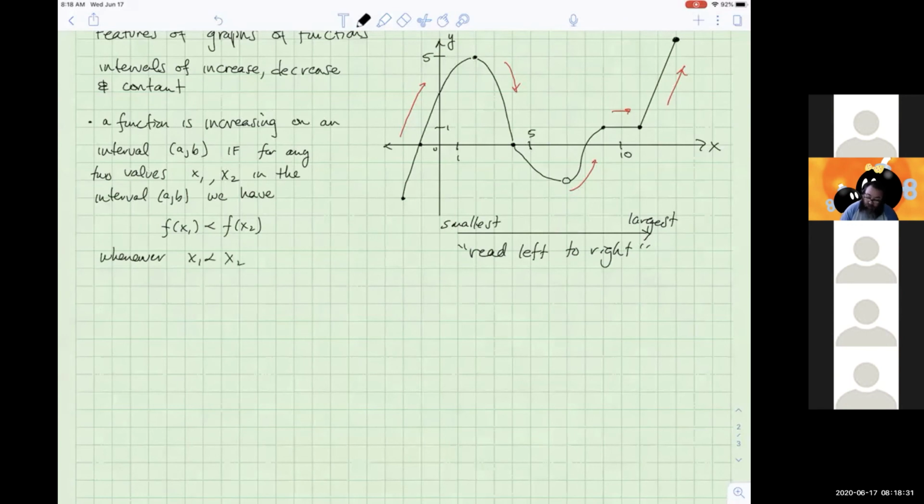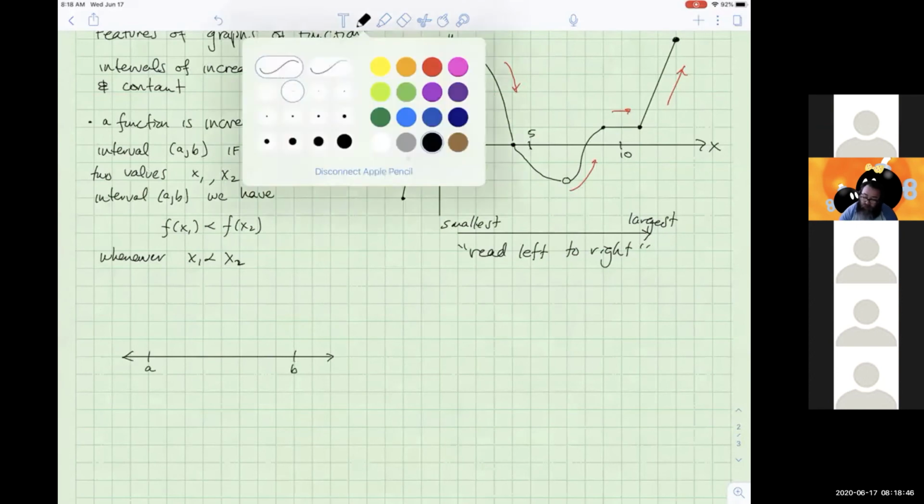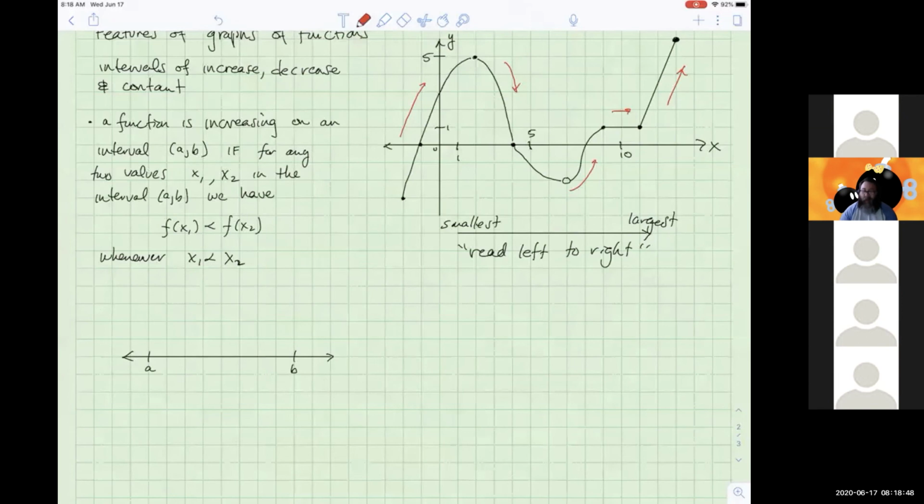Now that's a super mathematically complicated way of saying the following. So let's talk about that. So here's an interval. Let's see, we'll put A on here and we'll put B on here. And what's going on is we're choosing any two random x values in between A and B. Maybe this one and that one.